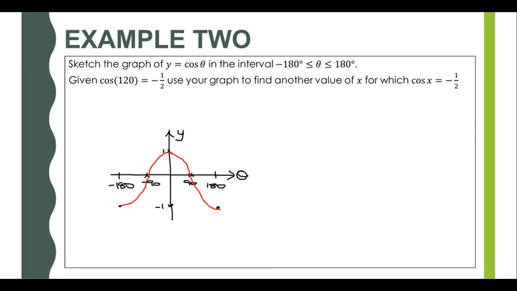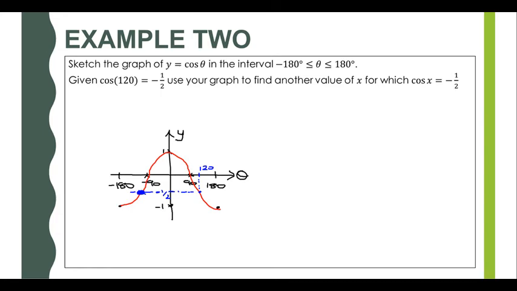This time we're told that cos of 120, which is roughly here, gives us a solution of minus a half. And we can see that if we extend that line across, we get a second solution over here. So we can use the symmetry of the graph.